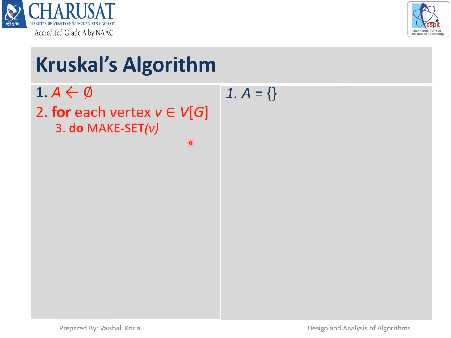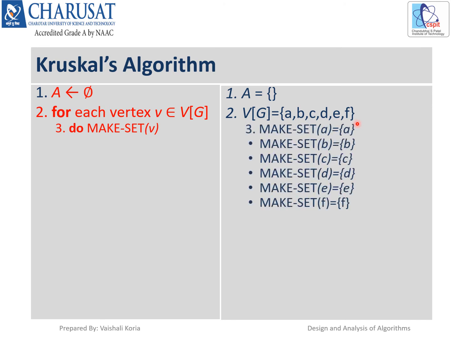In the second step, we have to create a set for every vertex of a graph. So this graph contains a total of 6 vertices A, B, C, D, E, F, and we are creating a set for each vertex. The make set A operation will create one set which represents A. Same way, make set B will create a set which represents B. So this is how we have created the set for all the vertices of a graph.